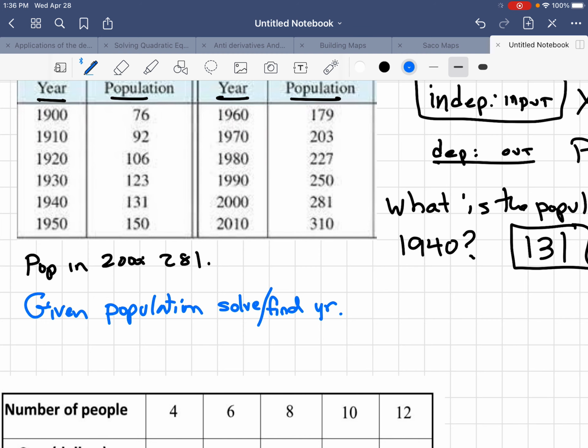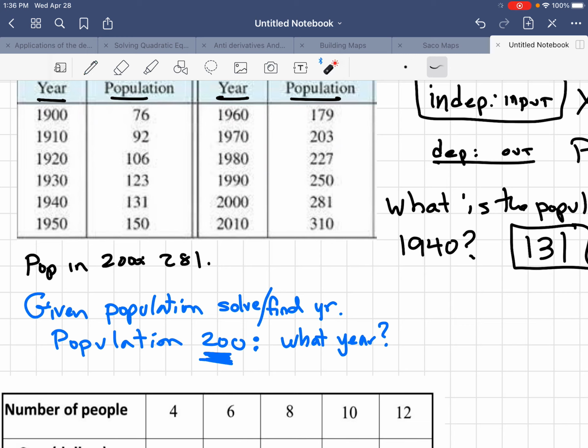Now you might have to estimate. So what if I said the population was 200, and your job was to find the year? It's working backwards. We're given the output, and we have to find the input. So if I'm looking for a population of 200: 100, 150, 179 is close, 203.